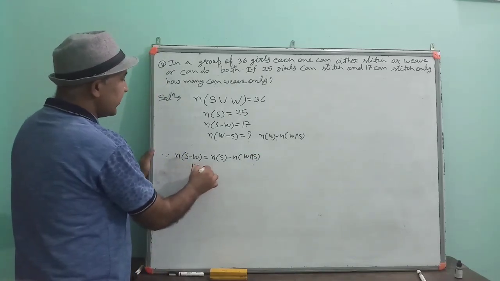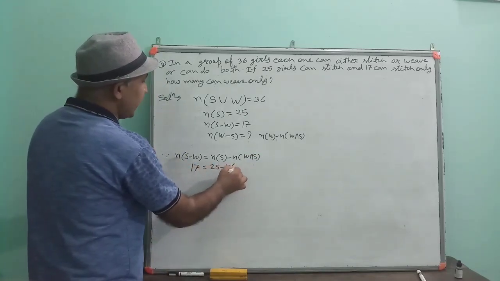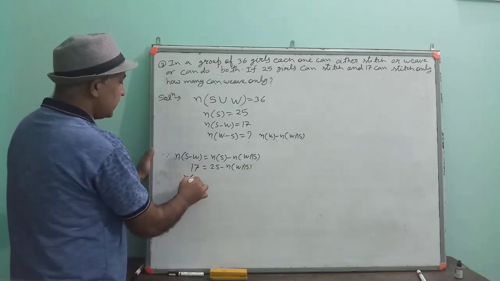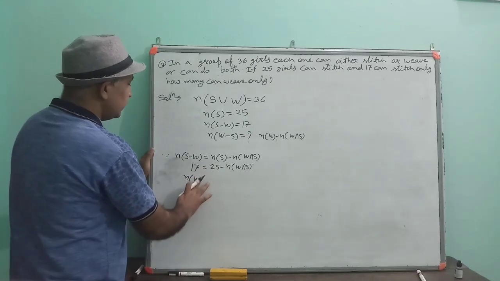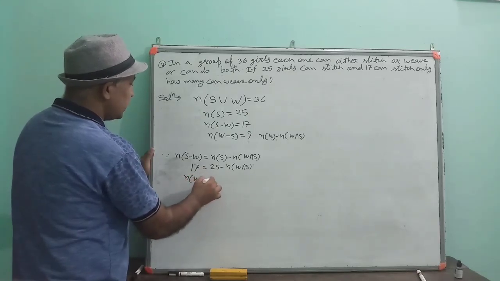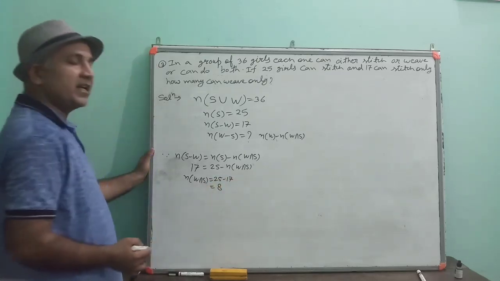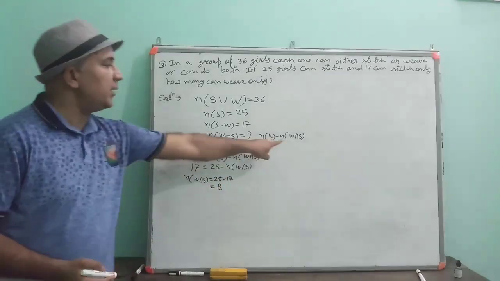This is given 17, this is given 25. So we can find this term: n(W intersection S) is equal to 25 minus 17, that is 8. One term we have got.